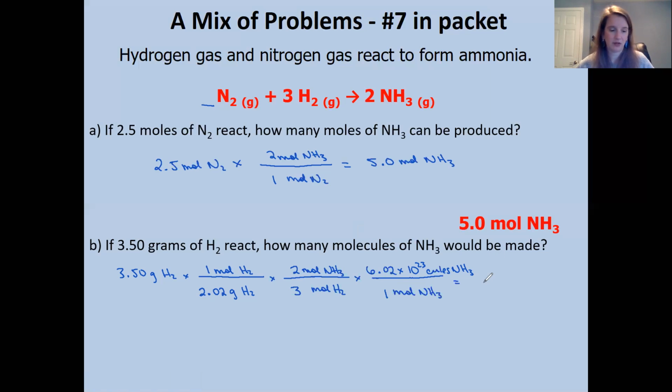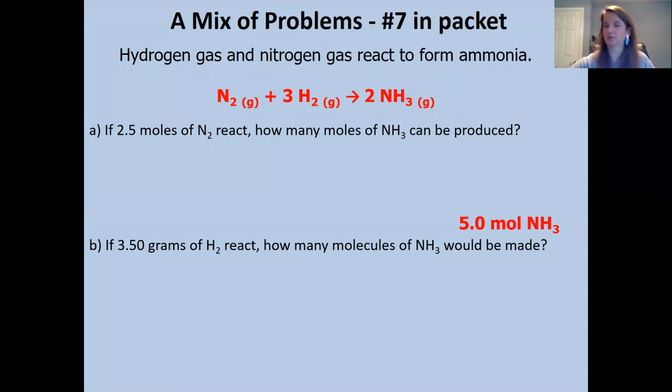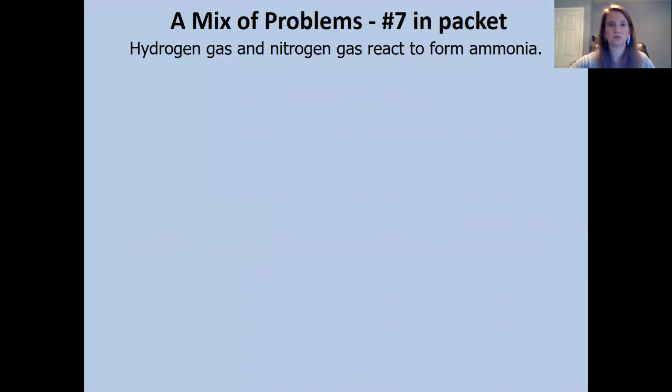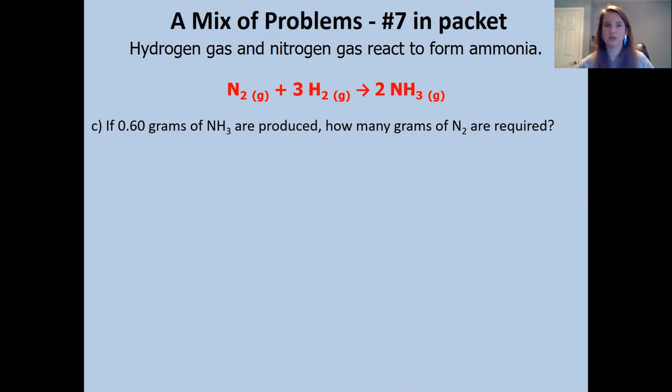So my answer would be rounded as 6.95 times 10 to the 23 molecules of NH3. All right, let's take a look at letter C. Okay, same reaction. Here's letter C.